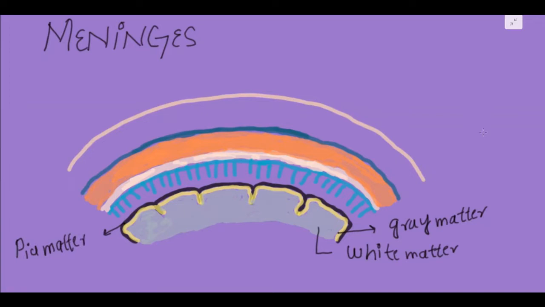So the first layer, if we see from the deepest, we get the pia mater, and the next layer above the pia mater we have the arachnoid mater. This blue one is the arachnoid mater.